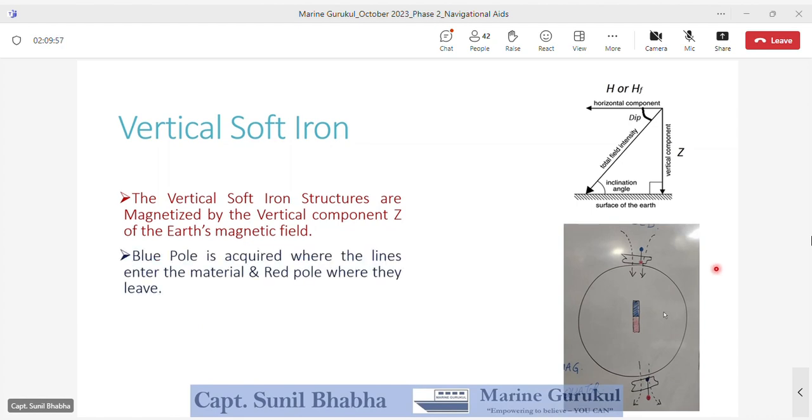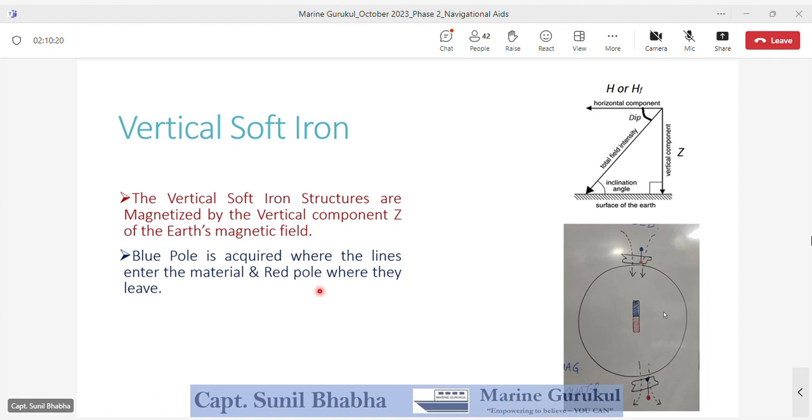Wherever the magnetic lines of force enter into the structure, it will acquire a blue pole, and wherever the lines of force leave a structure, it will acquire a red pole at that particular location. To give you an example, let's assume we have our ship now at the North Pole.